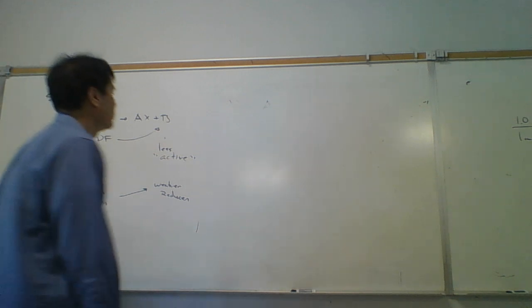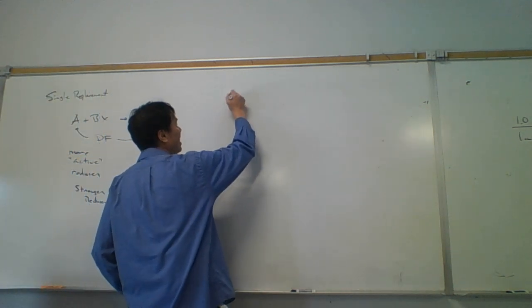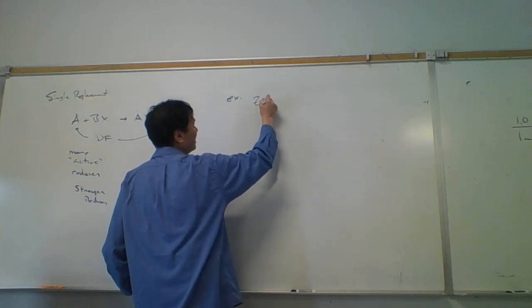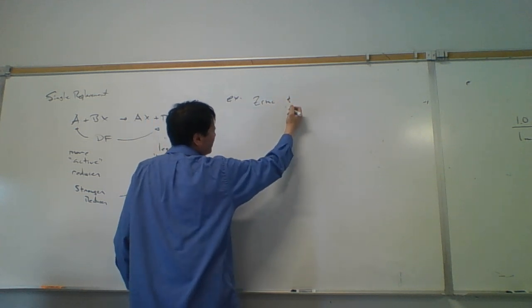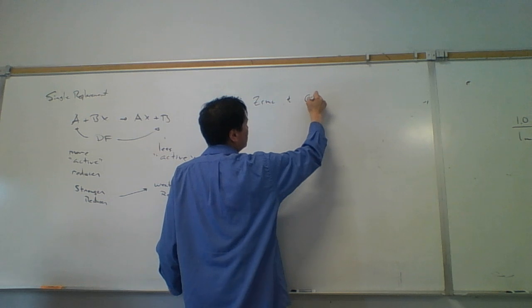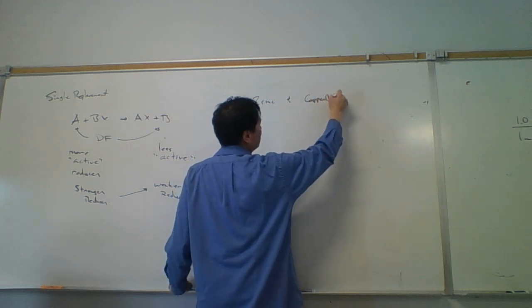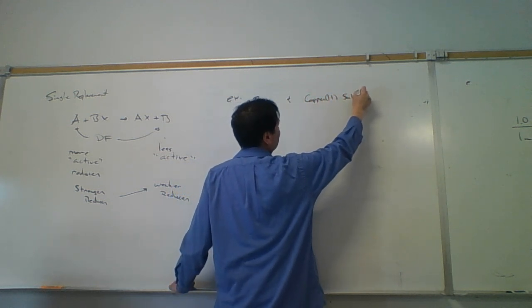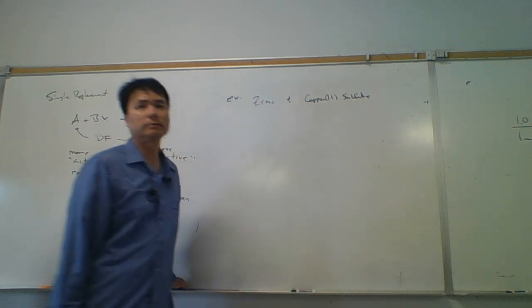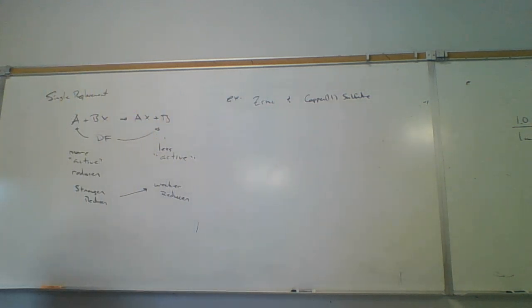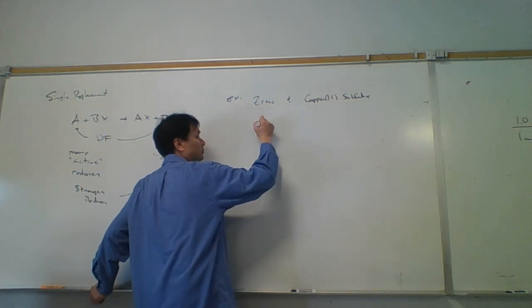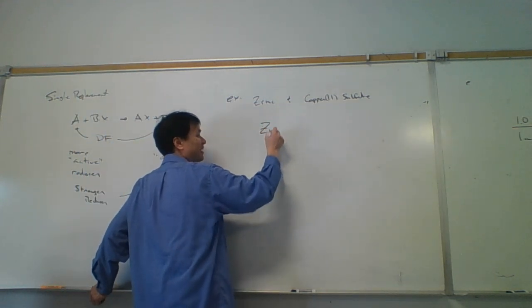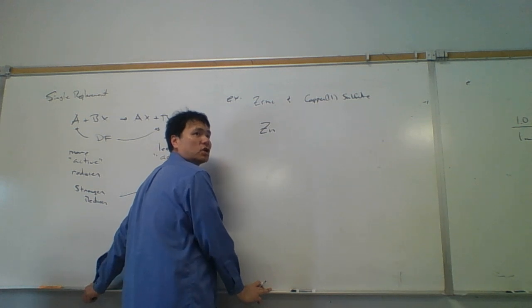But let's try some examples from lab. Zinc and hydrochloric acid. No, it's zinc and copper 2 sulfate. So what's the formula for zinc? Zn. What's the charge on zinc?